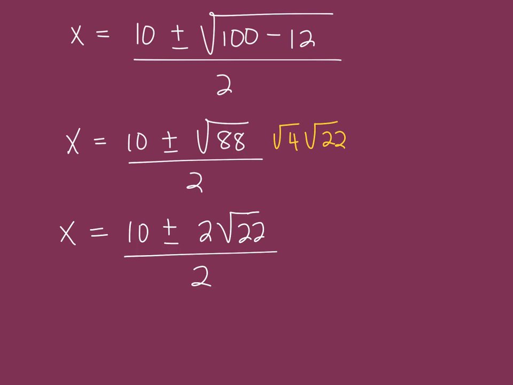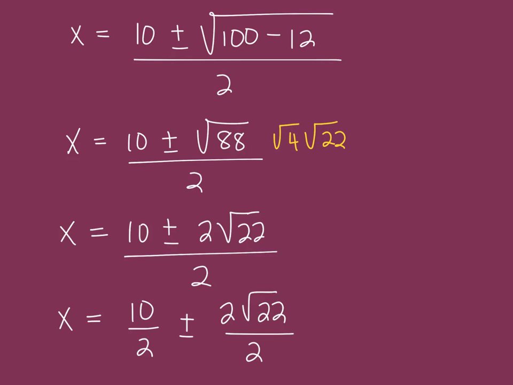Okay? So the real math you need to do is something called a common denominator. 10 needs to be over the number 2 by itself. The plus or minus goes between, and then 2 rad 22 is over a 2 also by itself. That is a common denominator. They share the same denominator. That's what common denominators mean.